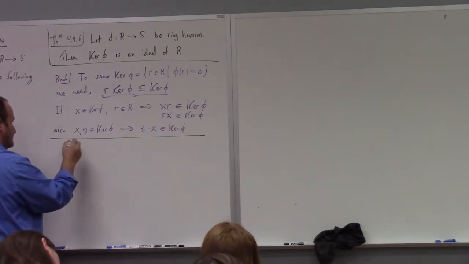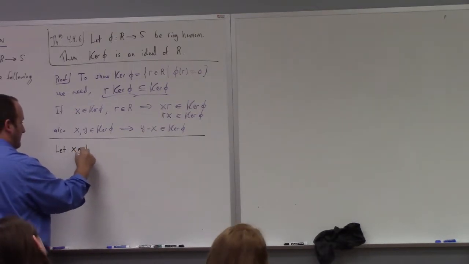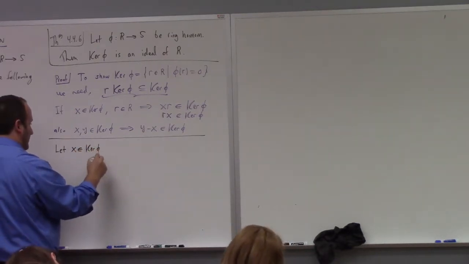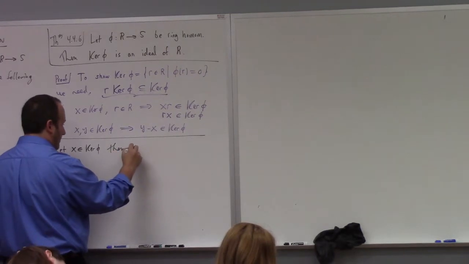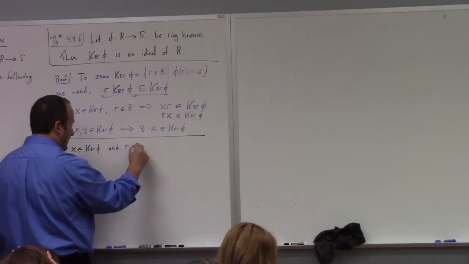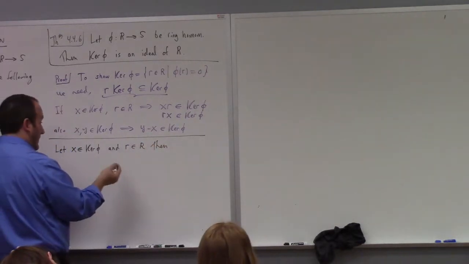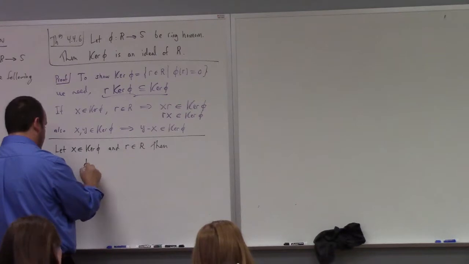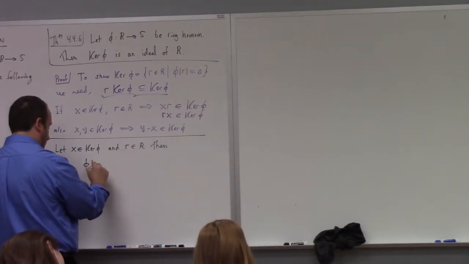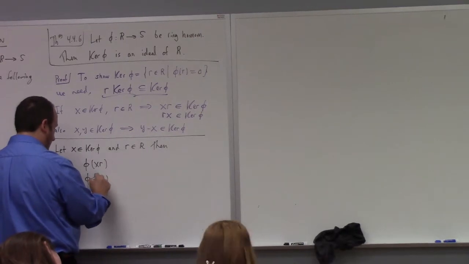So let x be in the kernel and r be an element of the ring. Then if we look at phi of xr, or phi of rx, what do we get?